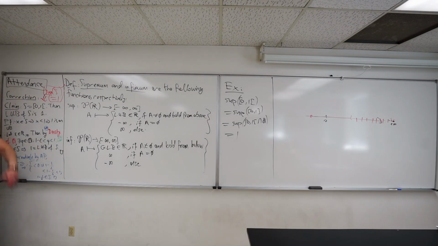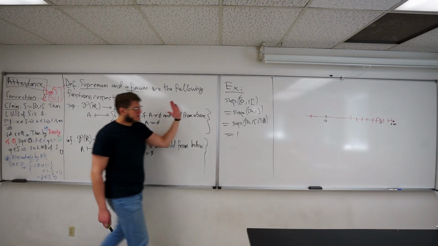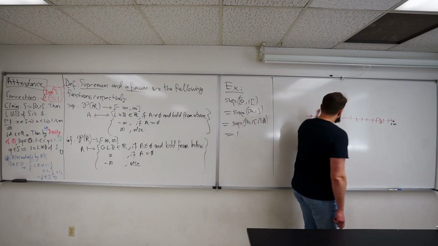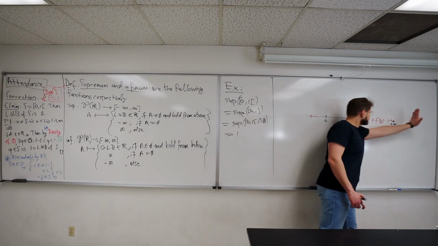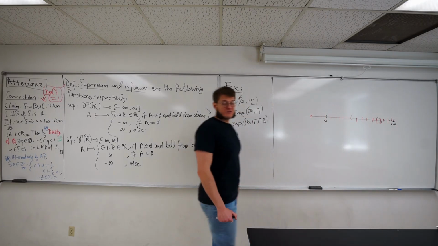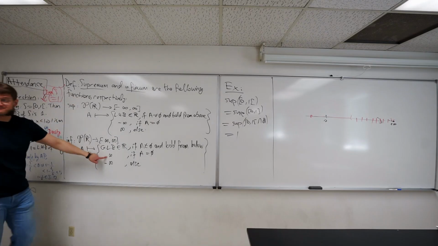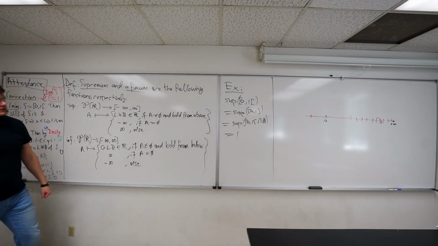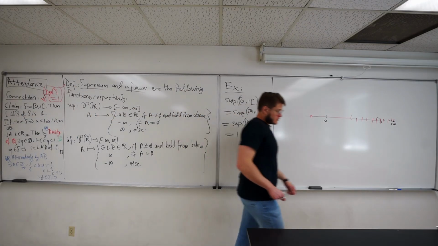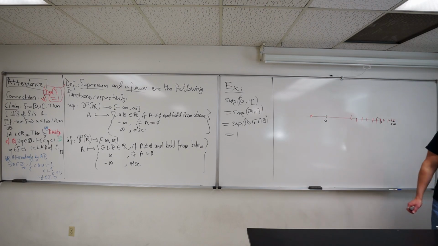So for instance, if you have the empty set, there's nothing stopping you from clamping down on A, so you keep pushing and pushing, and you go all the way up to positive infinity, because there's nothing stopping you. That's the general intuition.